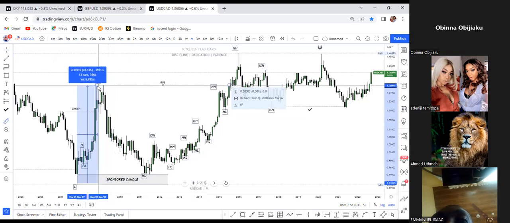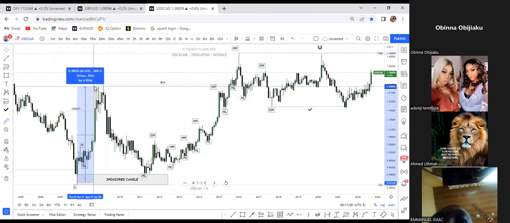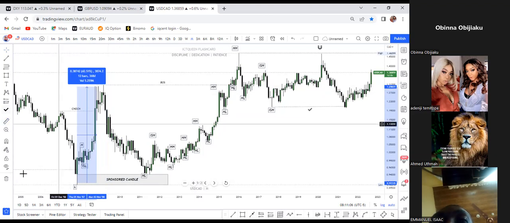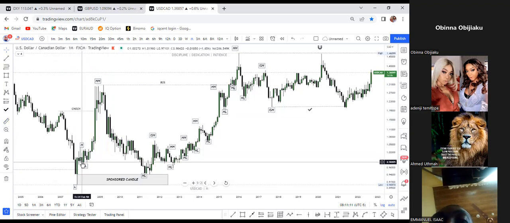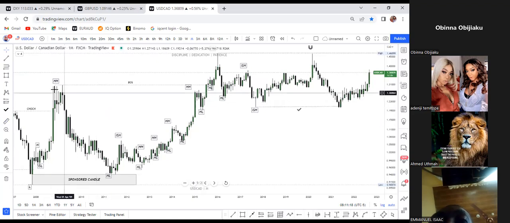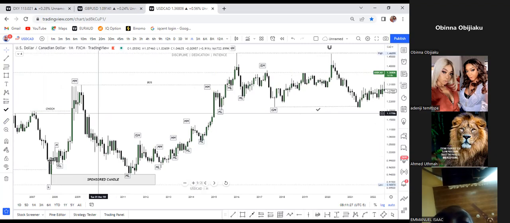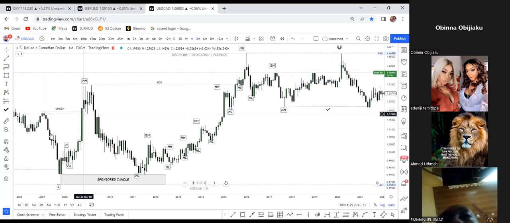We have 13 candles to create this high, right? Maybe 12. 1, 2, 3, 4, 5, 6, 7, 8, 9, 10, 11, 12, 13, 14 candles, because this is the high right here. Let me recount: 13 candles created that high.